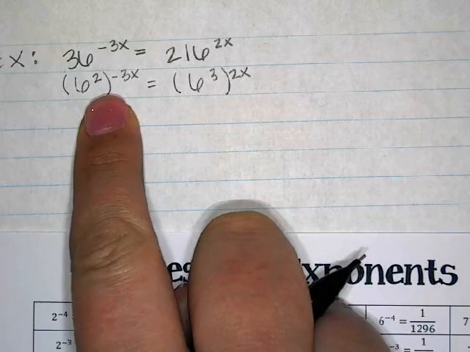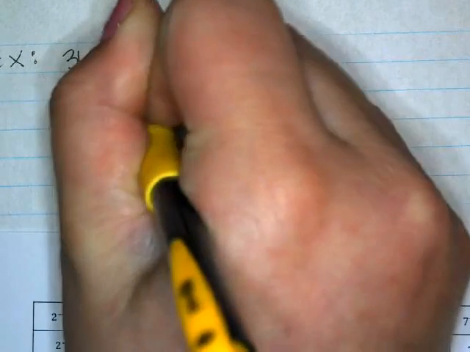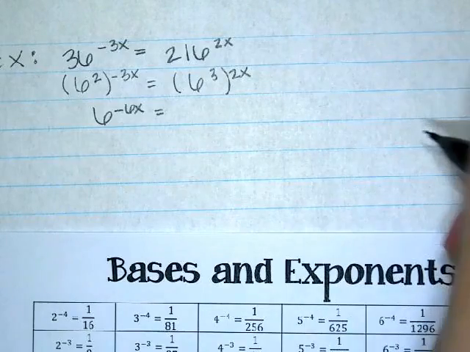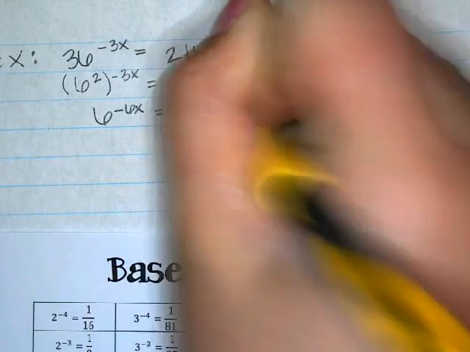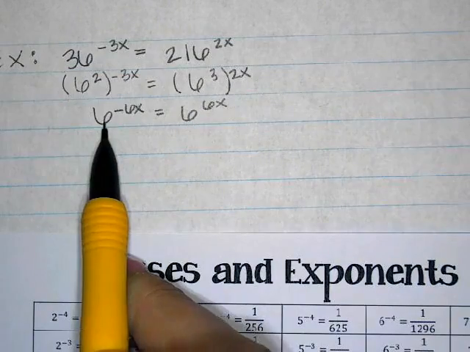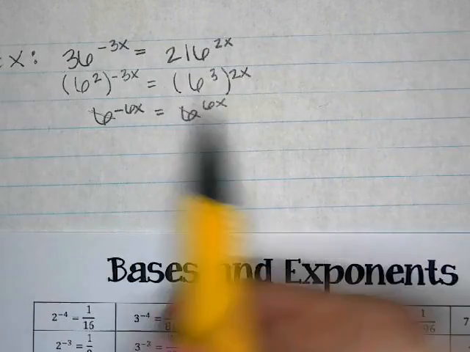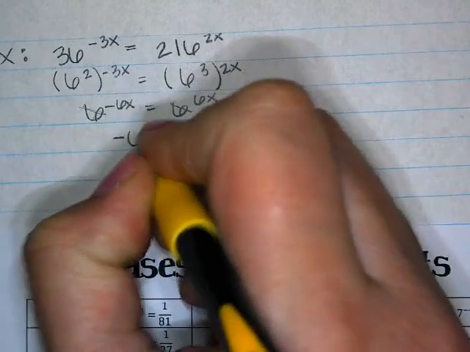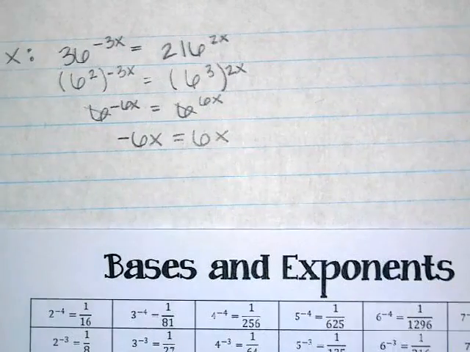You multiply them. So 2 times negative 3x is negative 6x. 3 times 2x is 6x. And if the bases are the same, we can just get rid of them. So we have negative 6x equals positive 6x.